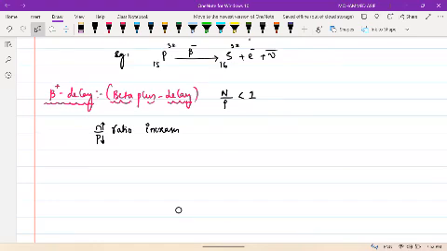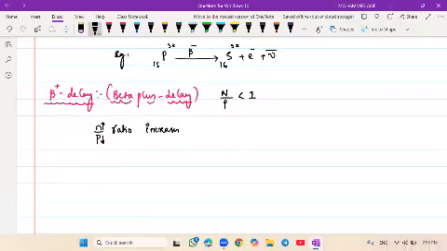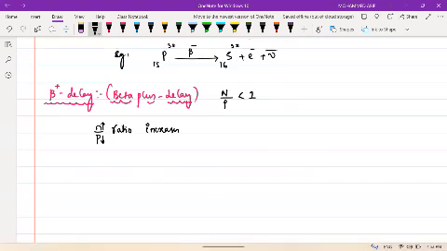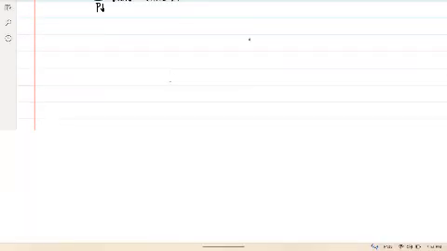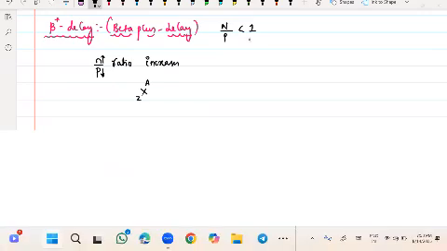Like say, if I'm writing the element, this is your X with atomic number Z and mass number A. It is giving me a daughter nuclei.